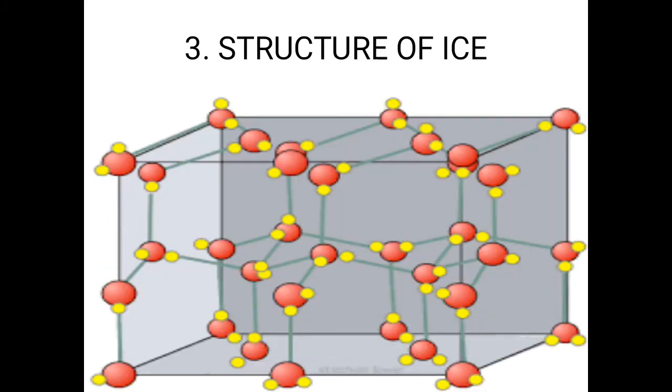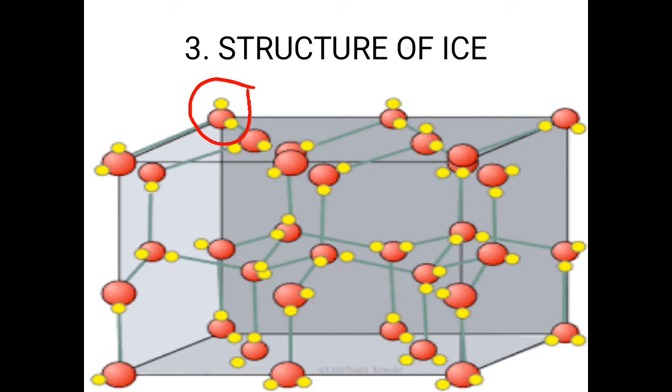The third property is the very unique structure of ice. You see, one molecule of water is shown here, and you can see that the water molecules are specially shaped into a tetrahedral structure, meaning each water molecule is attracted from four sides.